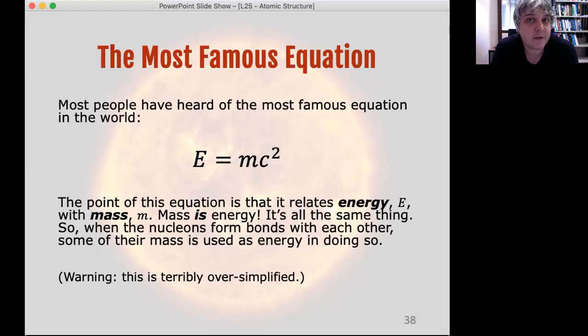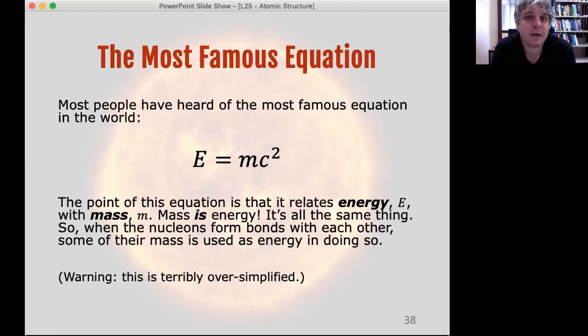So what happens is that when you take two nucleons, a couple of protons or a proton and a neutron, and you push them together and you form a nucleus, some of their mass is used as energy. They use their mass as energy. That is what the equation is telling us. It's telling us that fundamentally, those two things can be used for the same process. They can be interchanged, exchanged, however you want to phrase it.